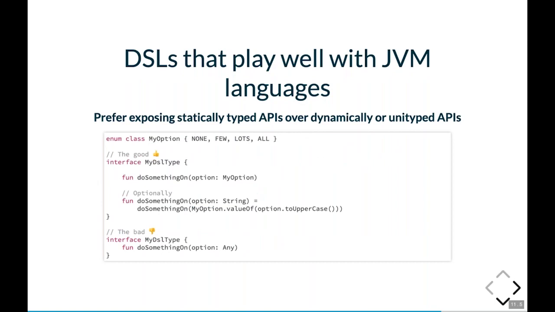Some examples of that would be to always prefer exposing a statically typed API over untyped APIs. For instance, instead of doing a single method that takes any or object, and behind the scenes using either an enum or some string, provide both options, these strongly typed options.